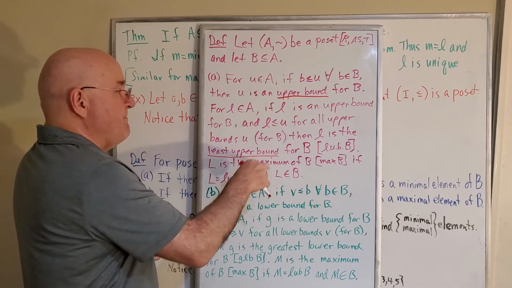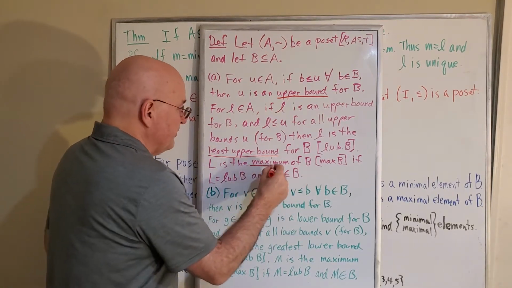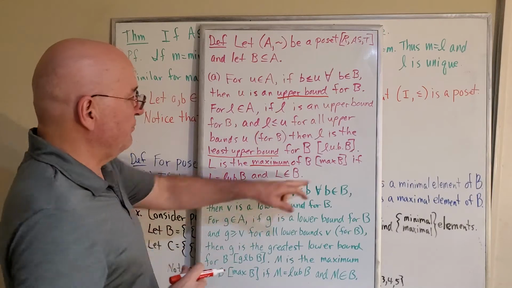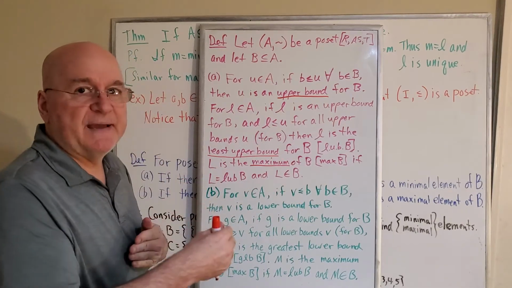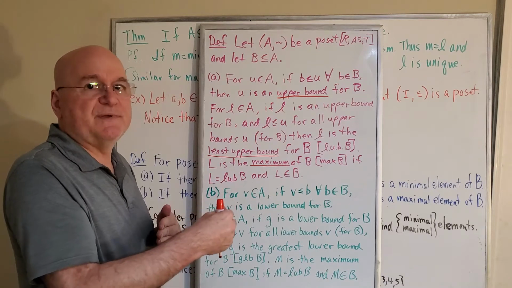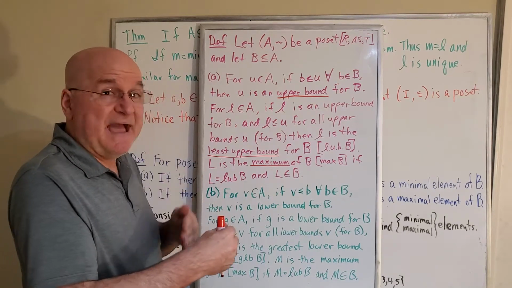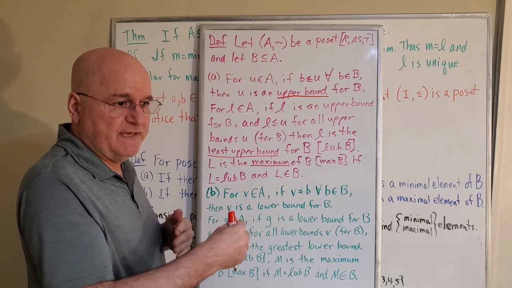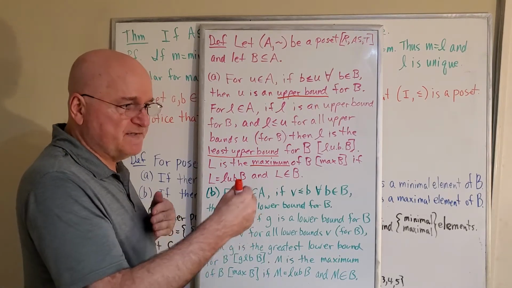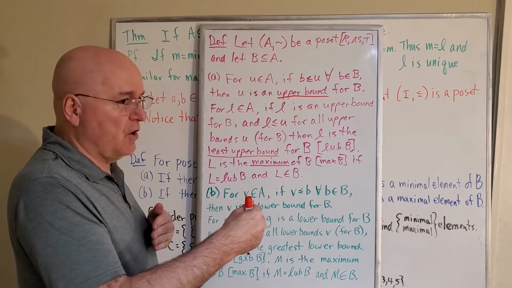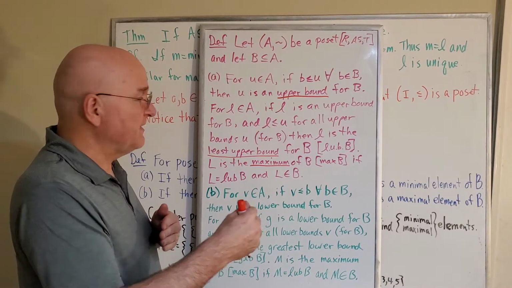Capital L is the maximum of B, a new term, and we'll write it like this, max of B, if it is the least upper bound and it's also in the set. It can only be a maximum if it is in the set. So the maximum is in the set and it's greater than or equal to all of the other elements.